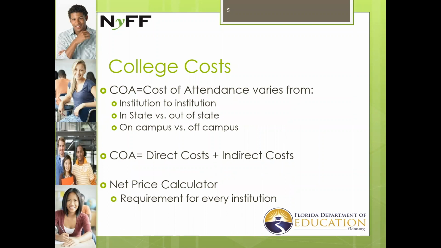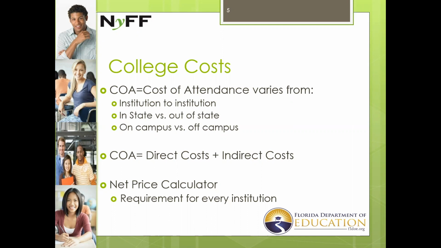Okay, college costs. What exactly does that entail? College costs, the attendance varies from institution to institution. The amounts vary based on in-state tuition versus out-of-state tuition, and it varies based on if the student is living on campus in the dorms or if they're living off campus in their own apartment or at home with parents.